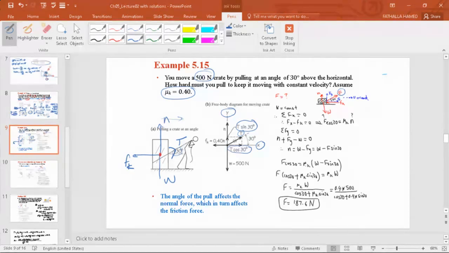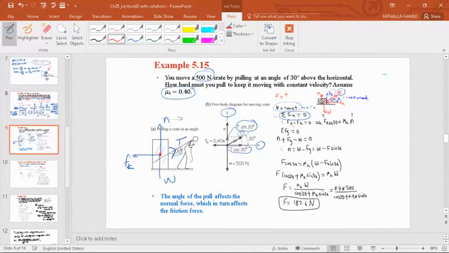So again, it will have an x component, which is F cosine 30 degrees, and a y component, which is equal to F sine 30 degrees. They tell you that it's constant velocity, meaning that a is equal to 0. So the summation of the force along the x-axis will equal 0.